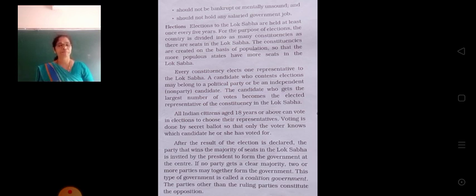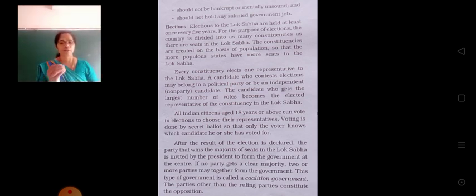The candidate who gets the largest number of votes becomes the elected representative of the constituency in Lok Sabha. Who has the right to vote?